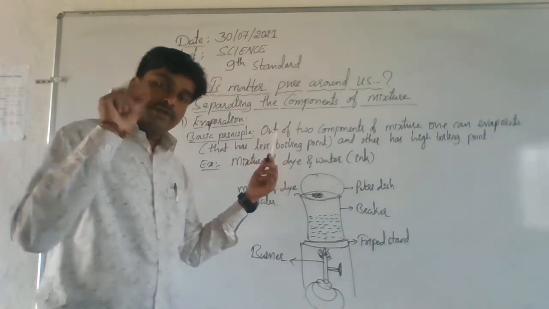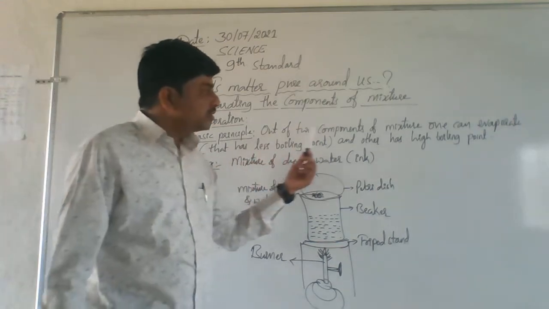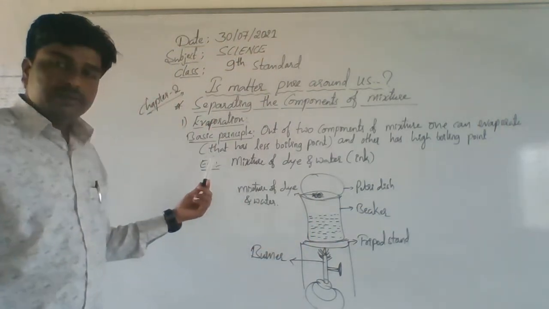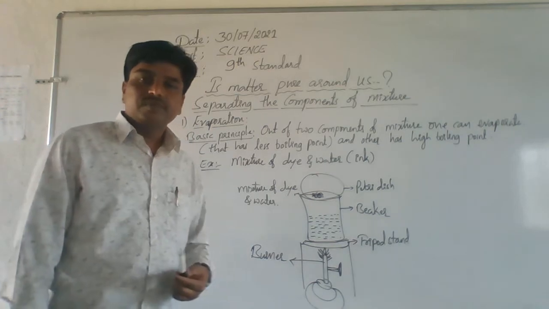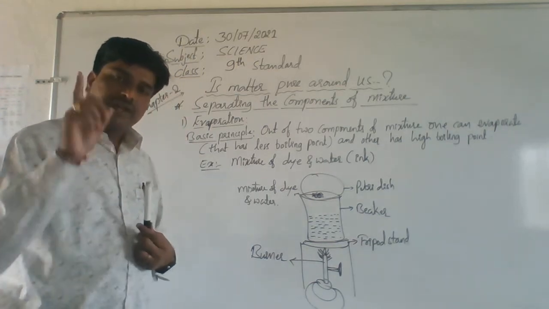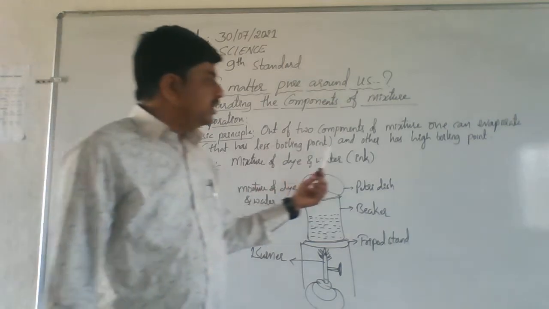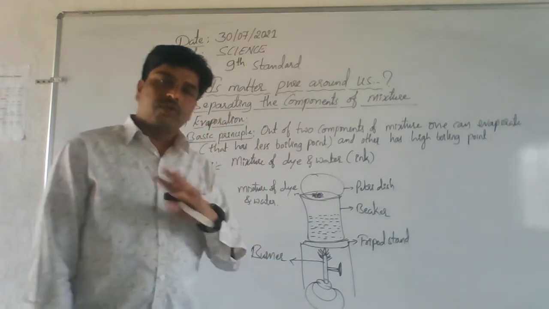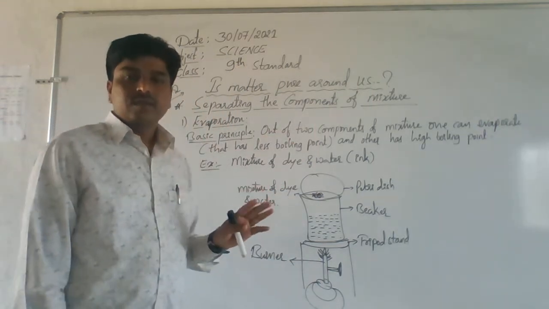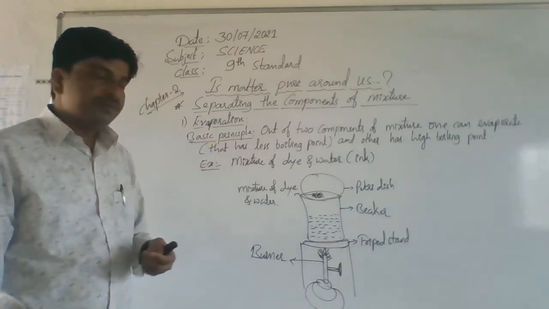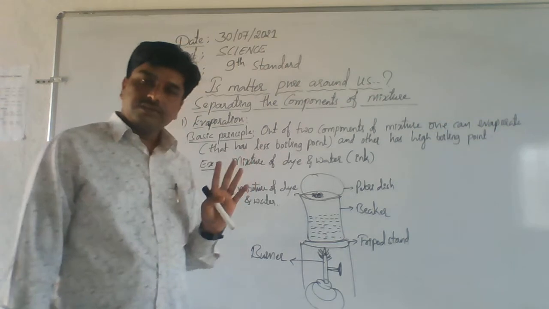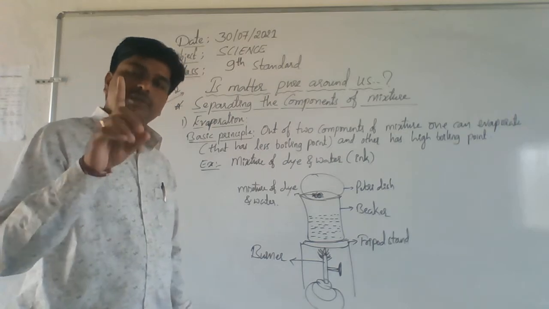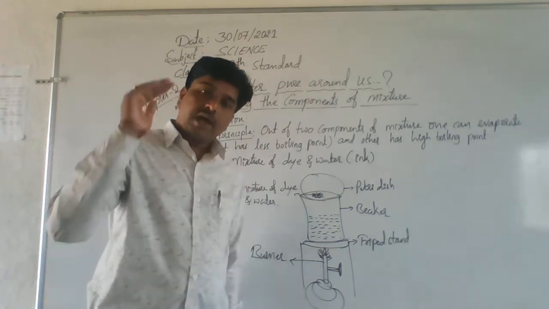Out of two components of a mixture, one can evaporate because it has a low boiling point. If a substance evaporates, remember that it has a very low boiling point, and the other has a high boiling point, so it does not evaporate. Understand? So this is the basic principle of the evaporation method. Clear or no? Out of two components of a mixture, one should evaporate, that means it has a low boiling point, and the other has a high boiling point.